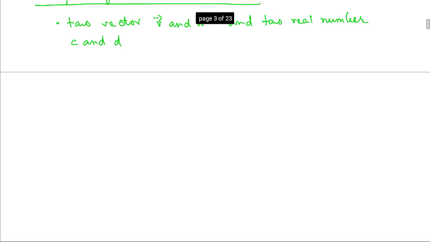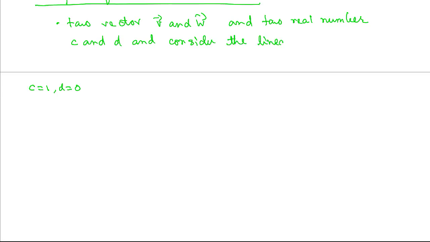So first, consider the case when c equals 1 and d equals 0. What do we get here? Of course I should say, consider the combination as we have shown, cv plus dw.